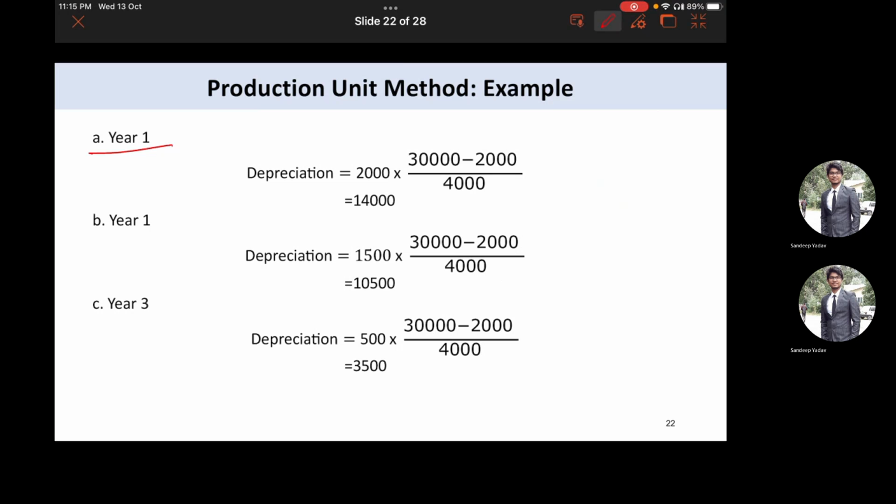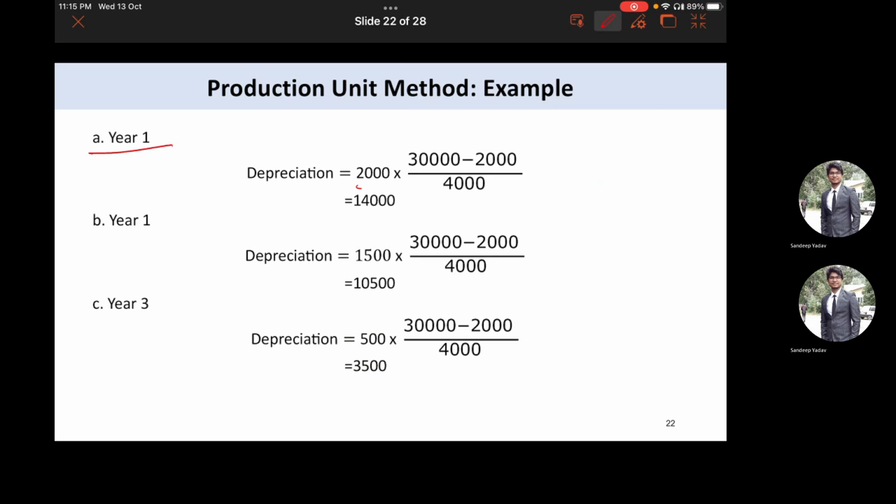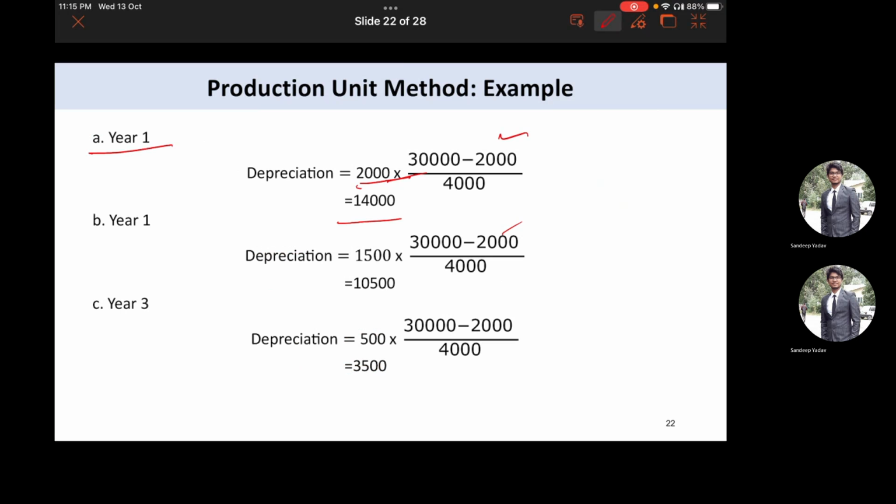Depreciation for year 1 is 2,000, that is the production, upon 4,000 into the depreciable value, that is 30,000 minus 2,000, which will remain the same. In each year we just have to change the pattern of production. For year 1, depreciation will be 14,000, for year 2 it will be 10,500, and for year 3 it will be 3,500.